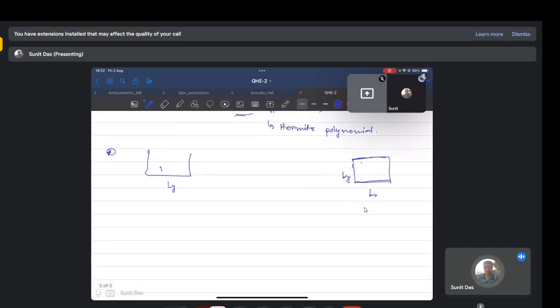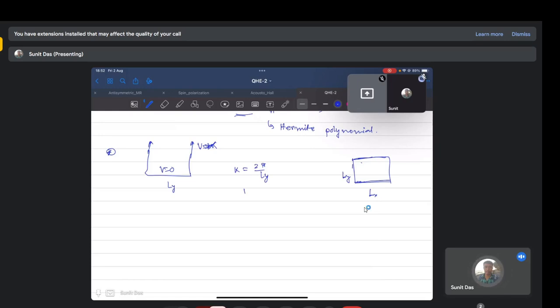So here the potential is 0, and when the edge of the sample along the y direction comes, the potential suddenly goes to infinity, right? And for this case, we know that the allowed k is given by 2 pi by L_y.